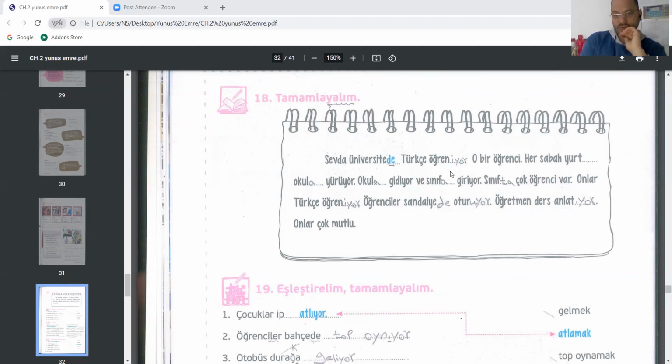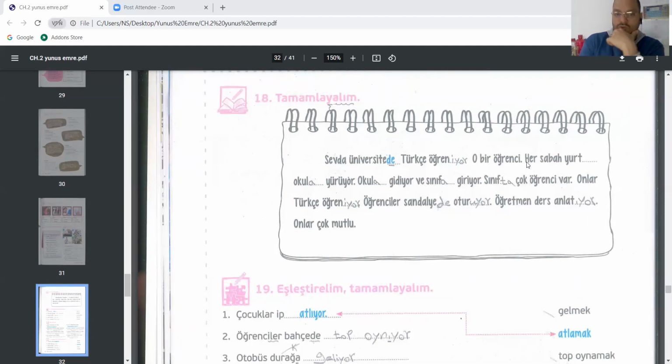He is learning the Turkish at the university. O bir öğrenci. He is a student. Bir, that means a, something or an something if this something starts with vowel letter. And we will talk about these notes later.